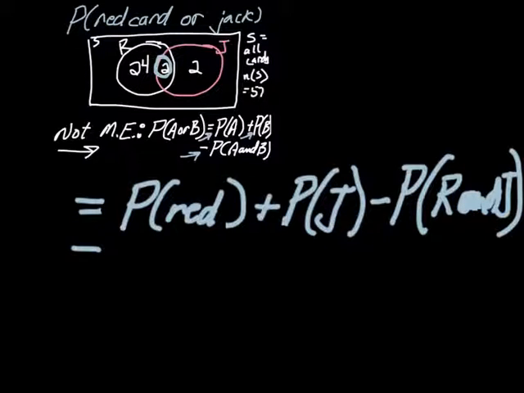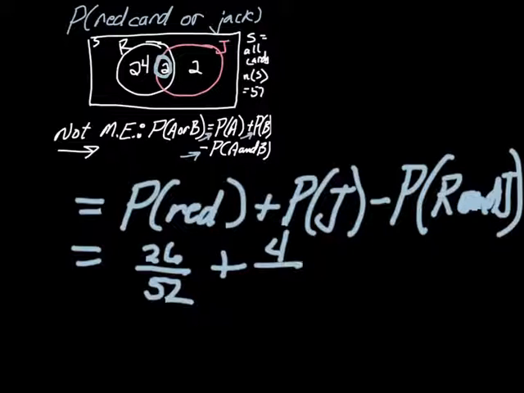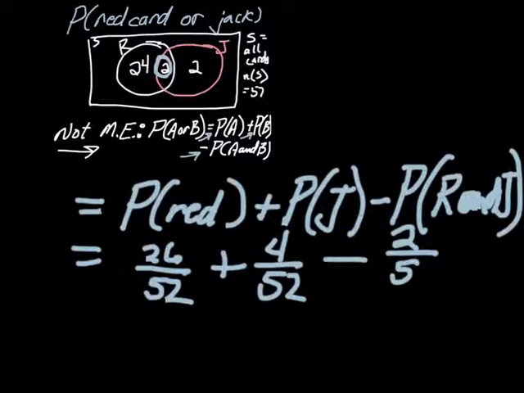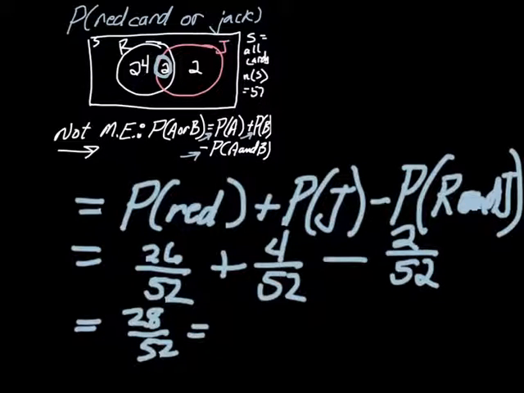In that case, the probability of red cards, we know there are 26, divided by 52 total cards, plus the probability of a jack, which is 4 divided by 52. But we need to subtract the overlap because we've counted it twice, and we know there are 2 red jacks, so that probability is 2/52. And when you do this, 26 plus 4 minus 2 is equal to 28 over 52, which is equal to 7/13 when you reduce it.